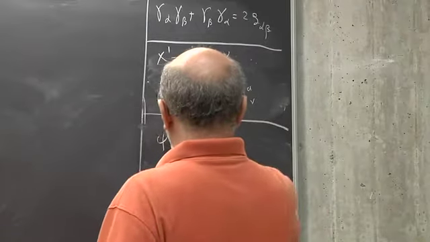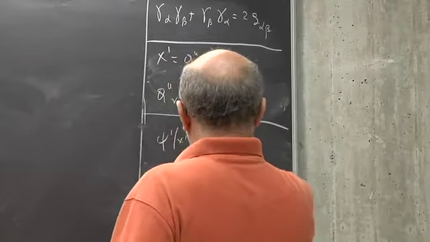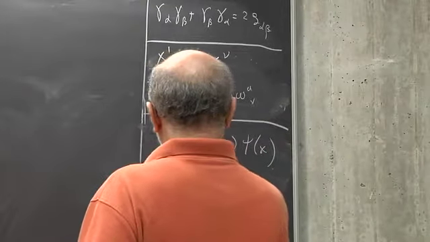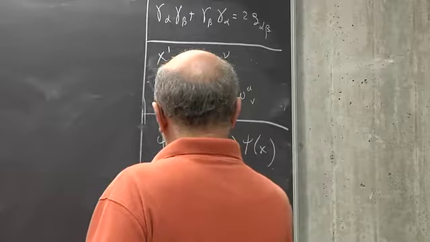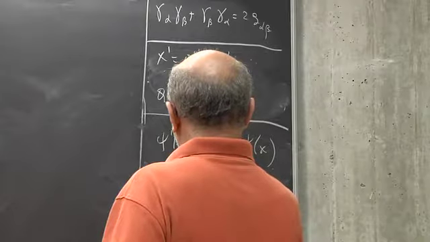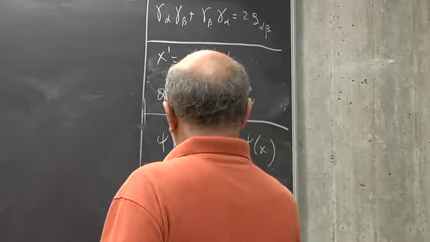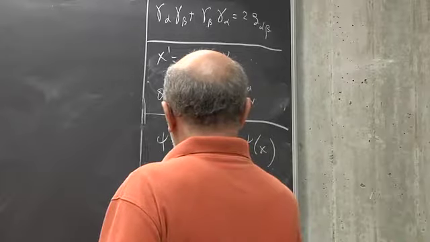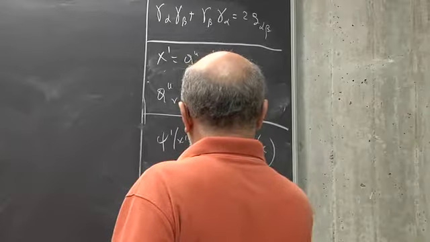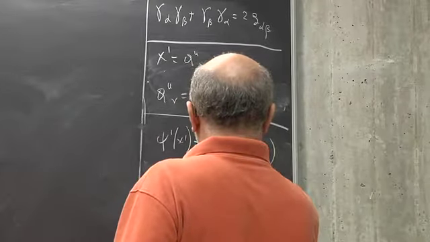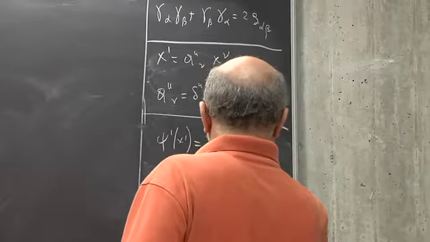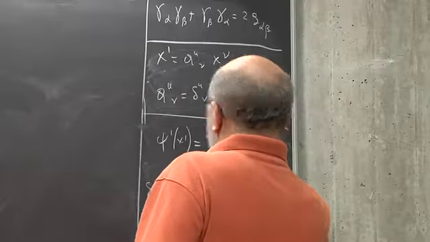The Hilbert space transformation is this. And this we have found, that this S of A, with A equal to the identity plus delta omega, is equal to the identity plus 1 over 8 gamma nu delta omega mu nu.